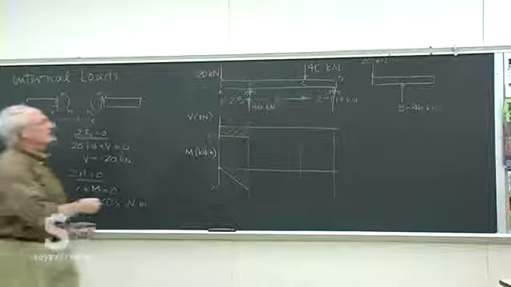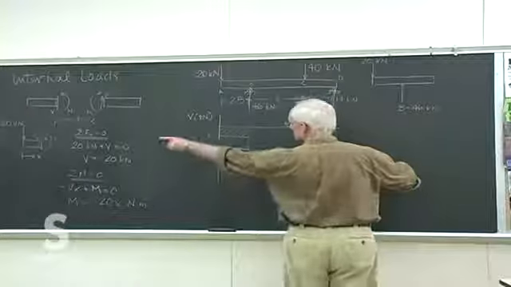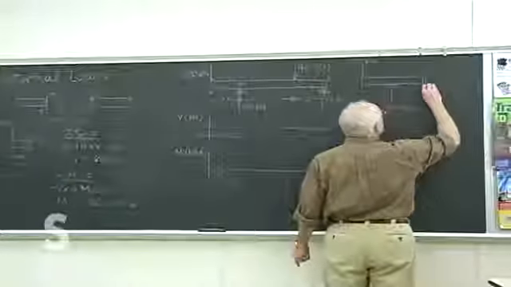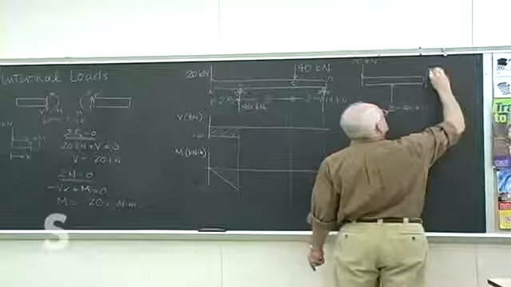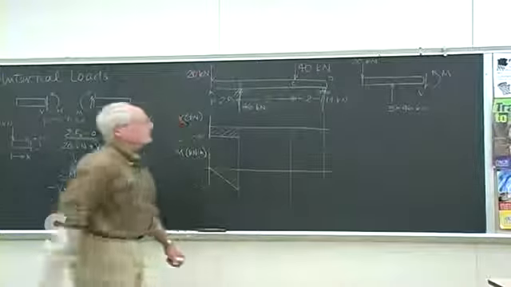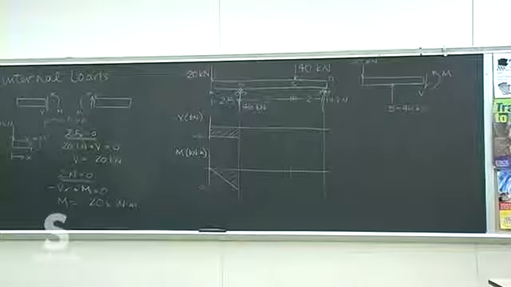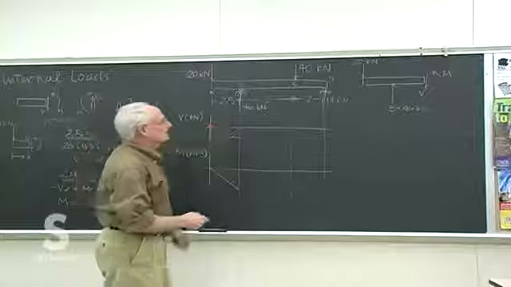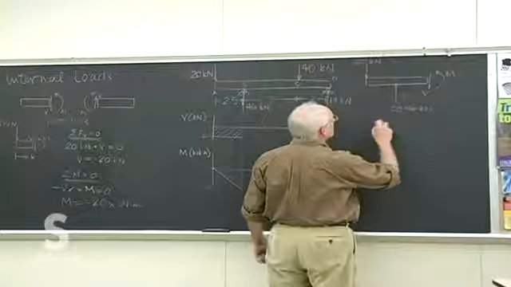All right, so we need to figure out what the internal loads are and draw them in as positive every time. Then when we solve for them, we'll get the direction, we'll get the number we have to plot straight away.